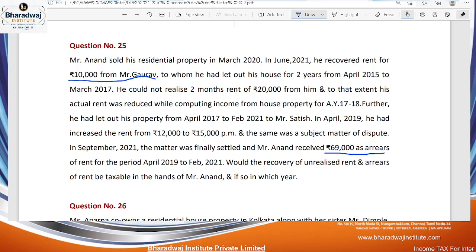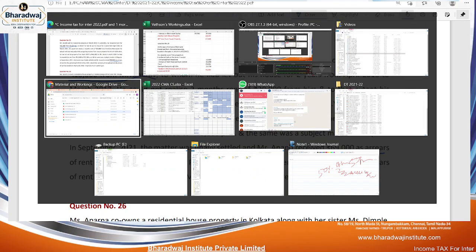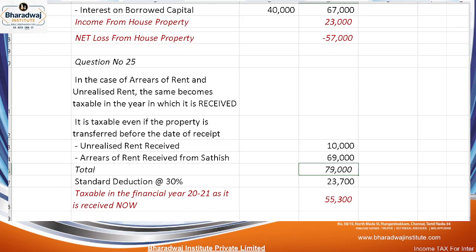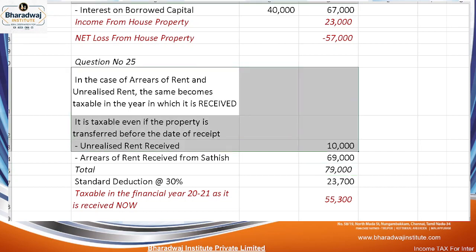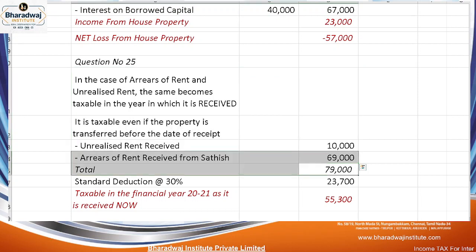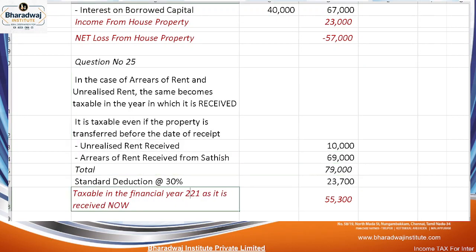Whatever may be, this 10,000 and 69,000 is taxable after adjusting 30%. That's all. Total you collected 79,000, less 30% standard deduction, taxable 55,300 for 21-22.